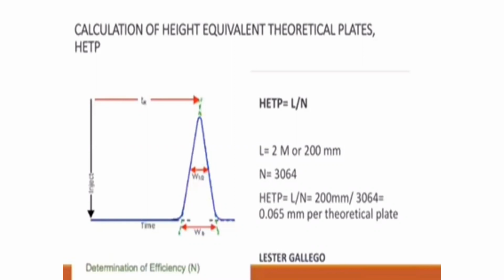Here the length of the column is given as 2 meters, which is converted into 2000 millimeters, and the number of theoretical plates is 3064, which we previously calculated. Substituting these values into the formula HETP is equal to L by N, we get 0.065 millimeter per theoretical plate.